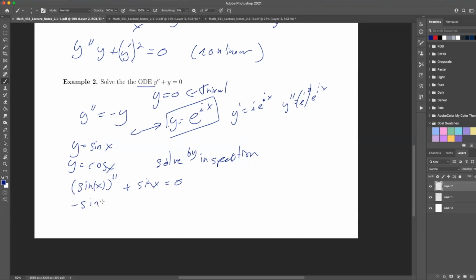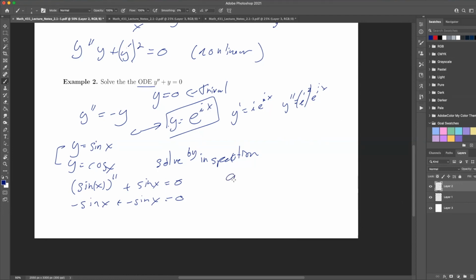This becomes minus sine of x. 0. Okay. And so this works. But notice that since these two are linearly independent, this one's fine, we can add it. We're going to ignore this one for a second because if I add and subtract these two, I get this.